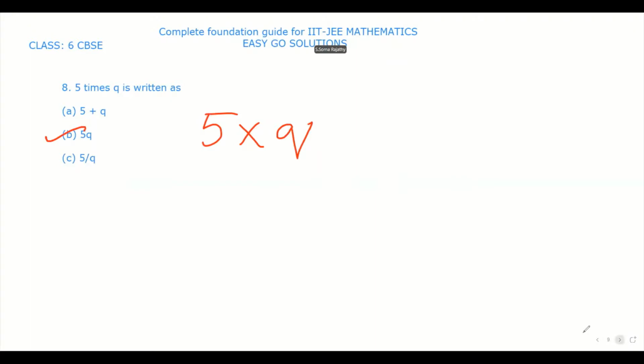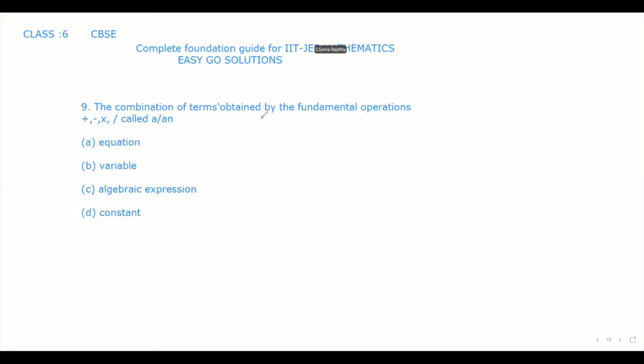The combination of terms obtained by fundamental operations, plus, minus, multiplication and division, is called an dash. A combination of terms obtained by fundamental operations is known as an algebraic expression. So 21x plus 5 is an algebraic expression, where x is the variable and 5 is the constant.